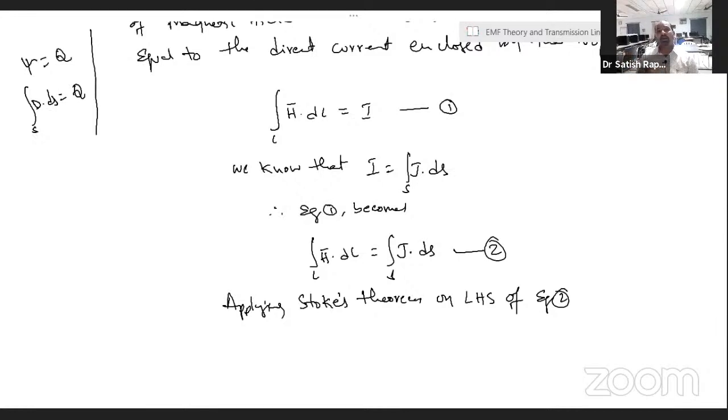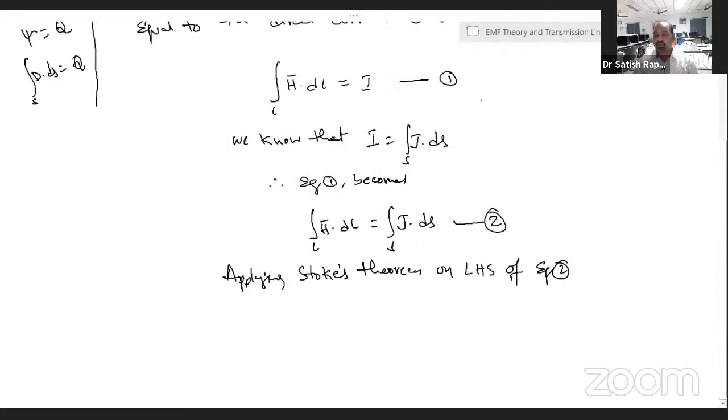Surface integral can be converted into volume integral, or vice versa. So applying Stokes theorem to the left hand side of equation 2, we get the line integral of H dot dl is equal to the surface integral of curl of H dot dS, which is equal to the surface integral of J dot dS.